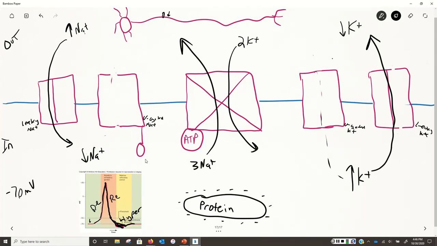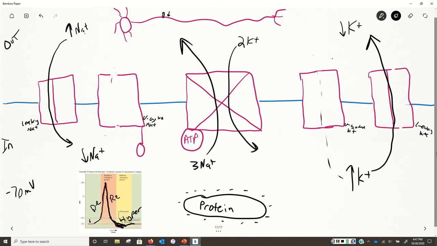And when we got to our positive 30 right here, some of that positive charge starts to spill over just beyond what we see on our screen here. And just beyond what we see on our screen here, it's at negative 70.